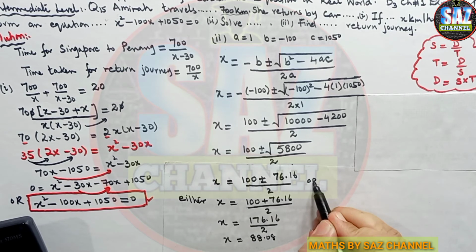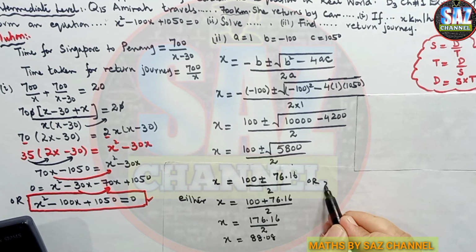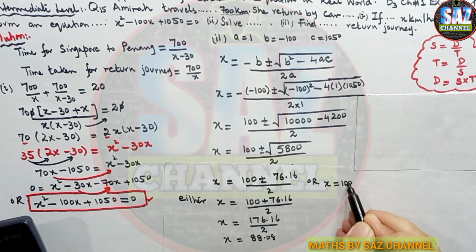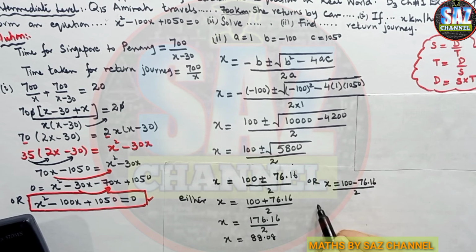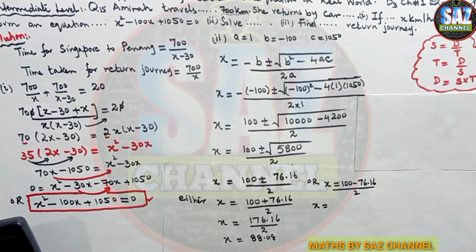Or x equals 100 minus 76.16 upon 2, and 100 minus 76.16 is 23.84, divided by 2 will give me 11.92. x equals 11.92. These two are the solutions of this equation.